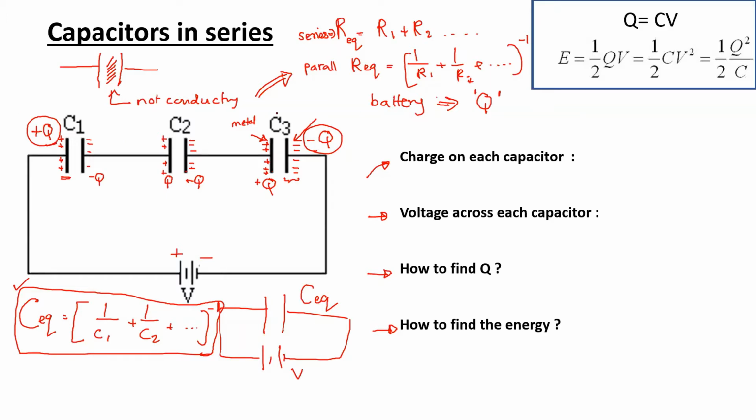So the battery gave just Q. Everything else, all the other capacitors in the middle and all the other plates, were charged due to induction. And the other important thing is all the capacitors have the same charge. Can you see it? All of them have the same charge.